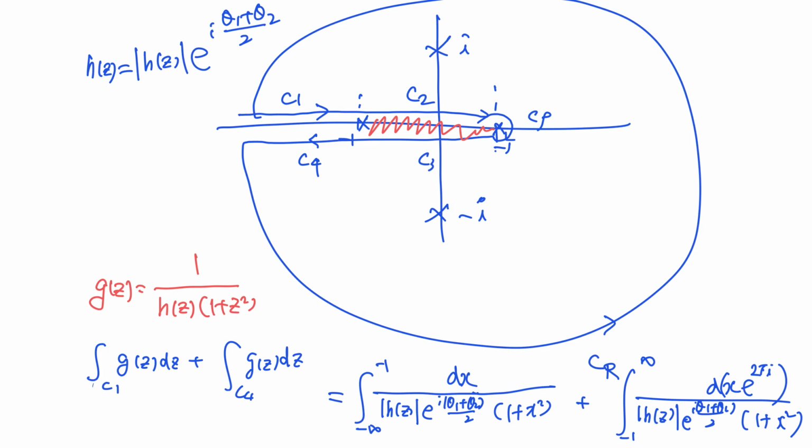Same angle, just the integral direction is opposite: minus infinity to minus 1, and minus 1 to infinity. So you have opposite values, and they cancel each other. It is equal to 0, right?